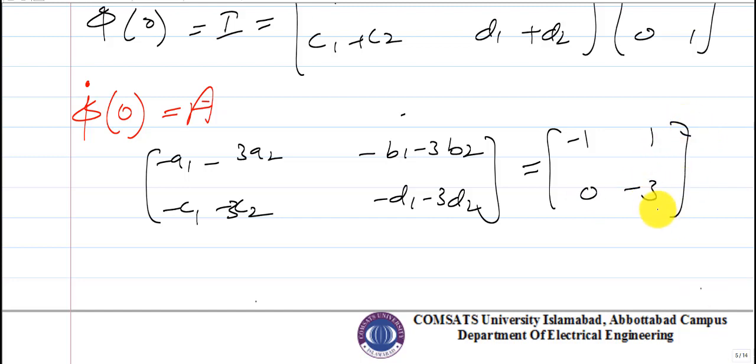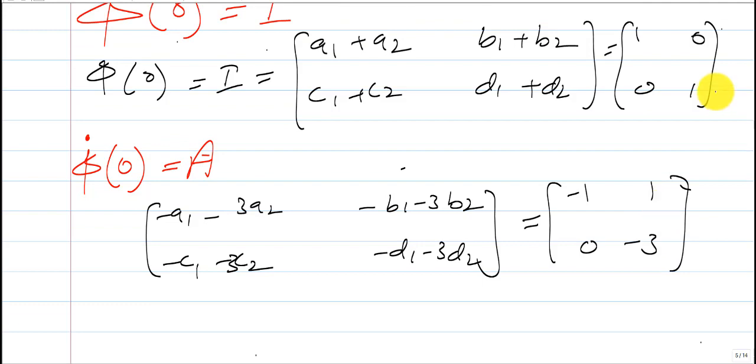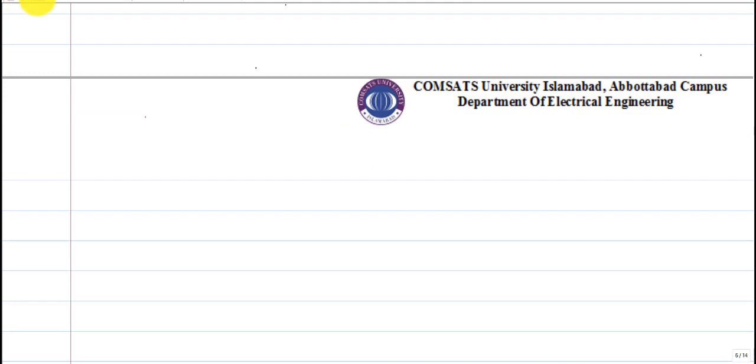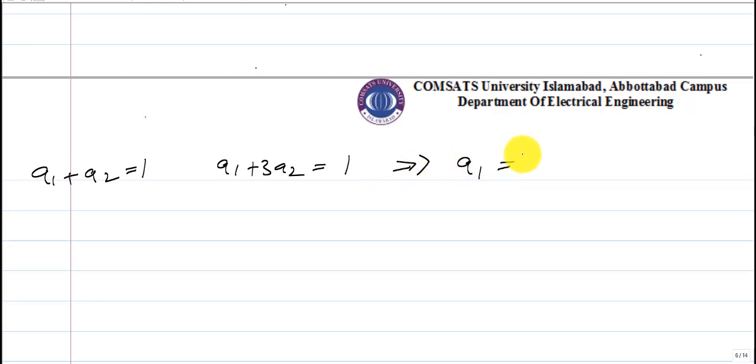So now using these two equations, we will find these coefficients a1, a2, b1, b2, c1, c2 and d1, d2. We can write a1 plus a2 is equal to 1, whereas a1 plus 3a2 is equal to 1, which implies a1 is equal to 1 and a2 is equal to 0.